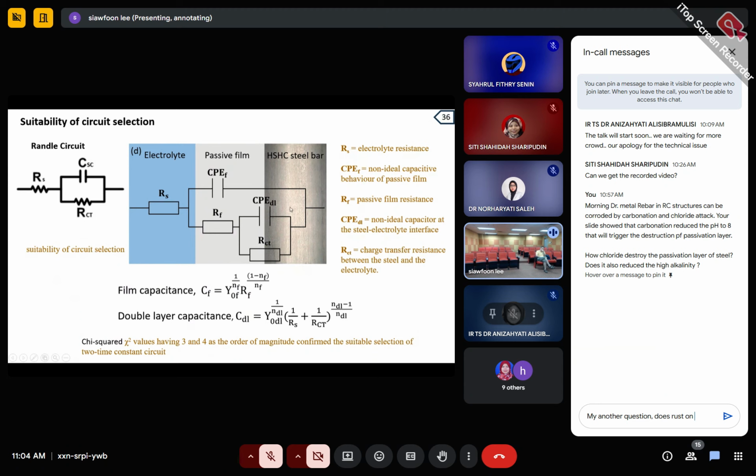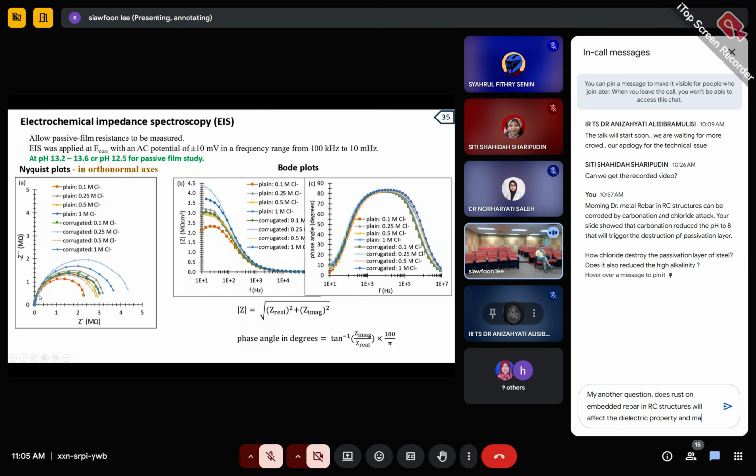But unfortunately for the steel bar, the passive film is not homogeneous, it's a bit porous, and together with the existence of some electrolyte solution surrounding the surface of the steel bar, this is the reason they prefer this kind of circuit to model this curve.